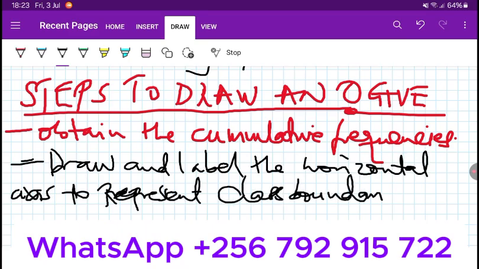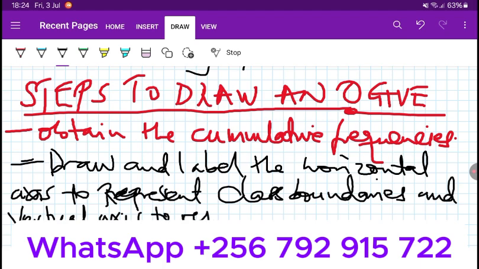I'm saying class boundaries, but it depends on which Ogive you are drawing. Class boundaries, and the vertical axis to represent the cumulative frequencies.